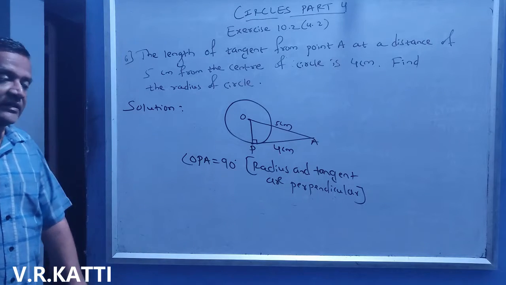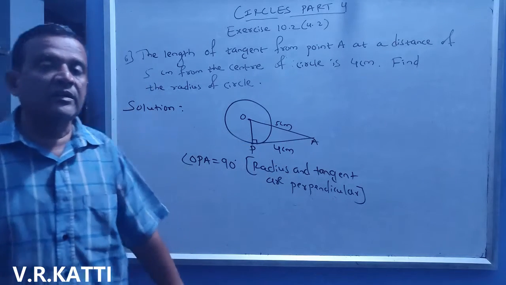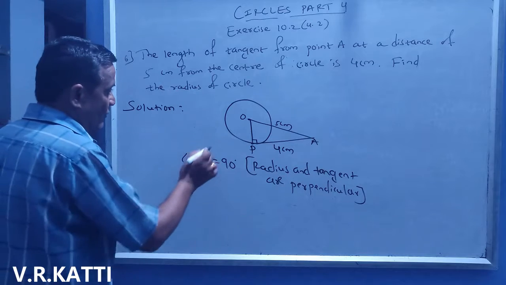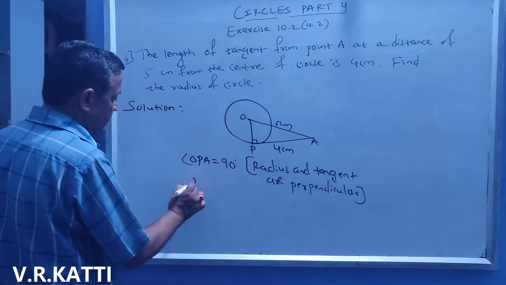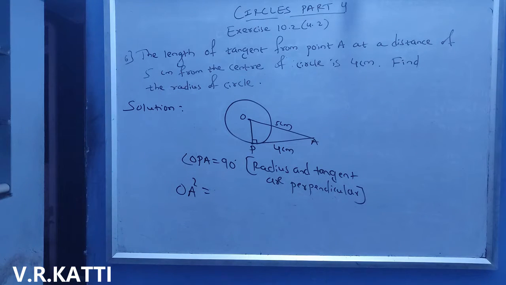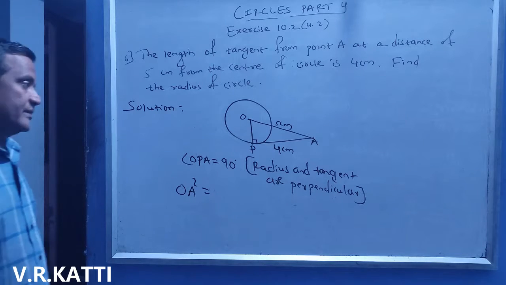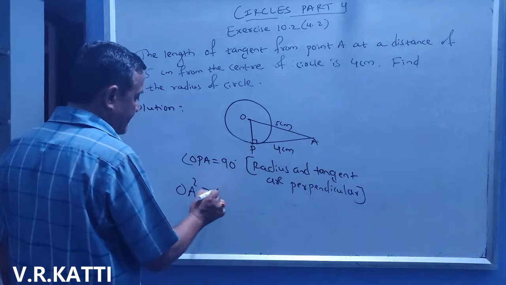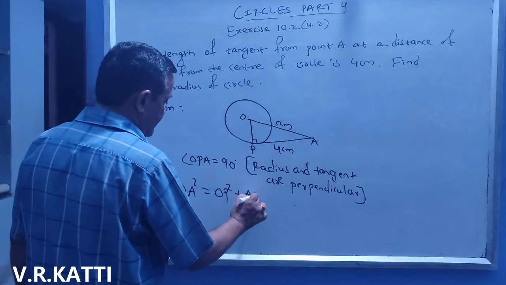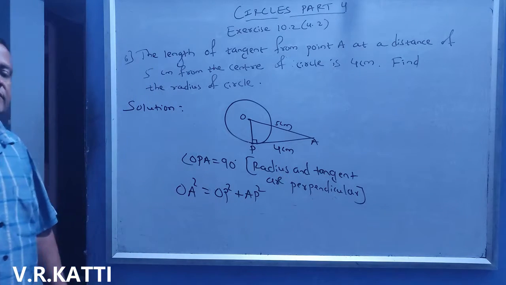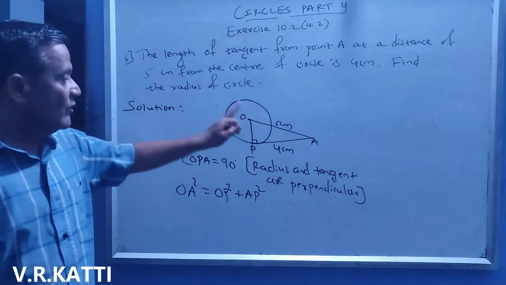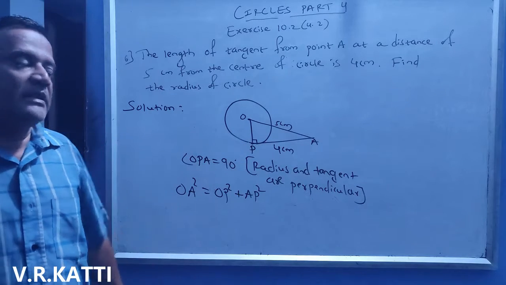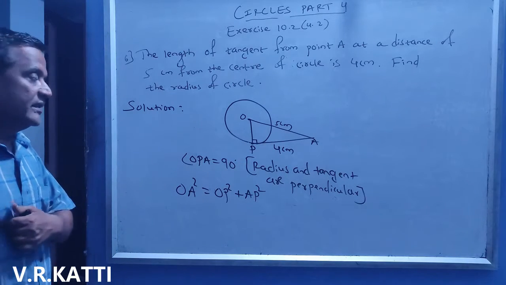The square on the hypotenuse OA square equals OP square plus AP square.